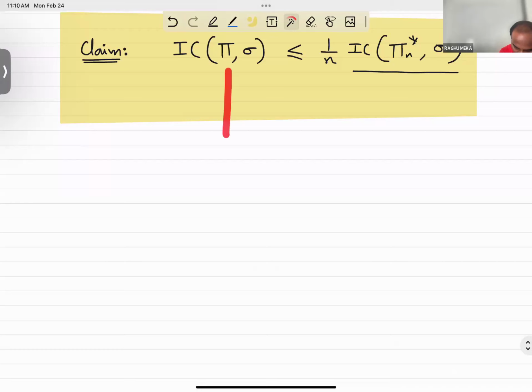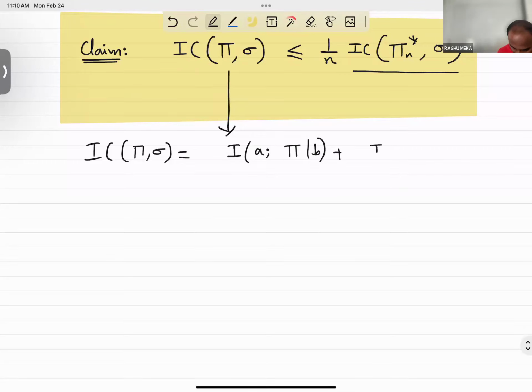Okay. So what do you want to understand? We want to understand this IC of pi comma sigma, right? So to recall the definition, this means that we sampled A comma B. Okay. Right. So this is mutual information between A and protocol given B, right? So the first term corresponds to how much information did the protocol reveal about Alice's input A to Bob.